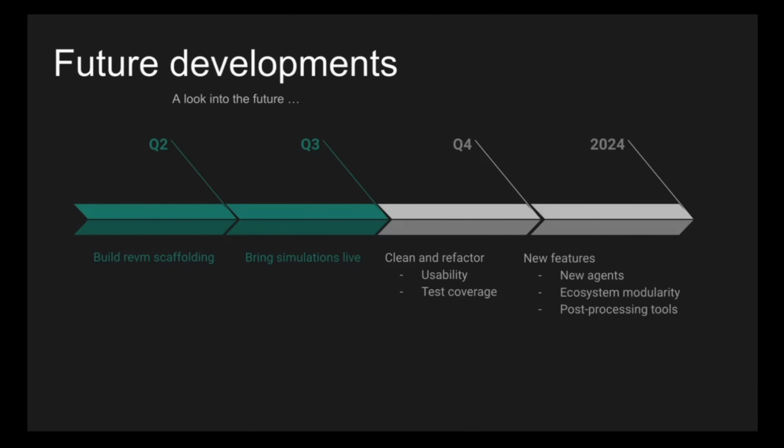Awesome. So looking forward, let's take a look at what we've been doing to build Arbiter and where we want to go with Arbiter. In the beginning of this year, we spent the majority of our time building scaffolding around revm so that we could interface with revm the right way. This was a little bit of a learning experience off the bat.